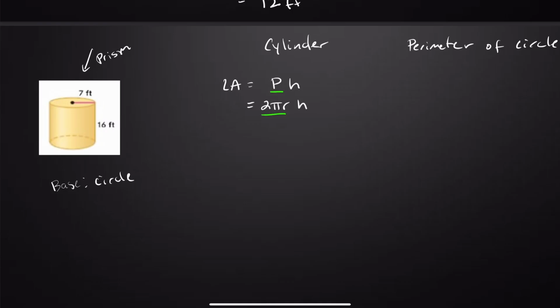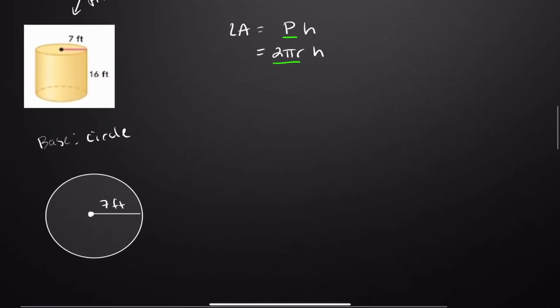Okay? So let's go ahead and take a look at our base, which is a circle. This is not a circle, by the way. That's an oval. There you go. So we know it has a radius of 7 feet. And if I want to find the perimeter, it's 2 times pi 7, right? 2 pi r.